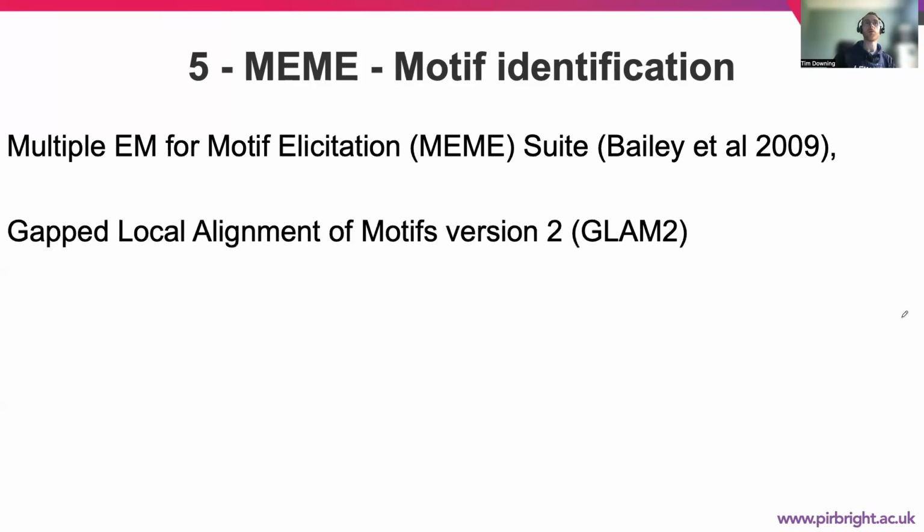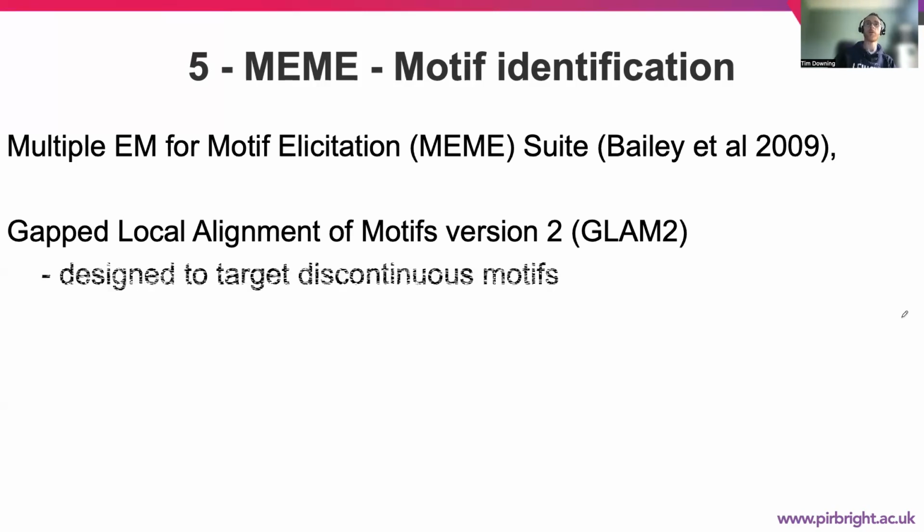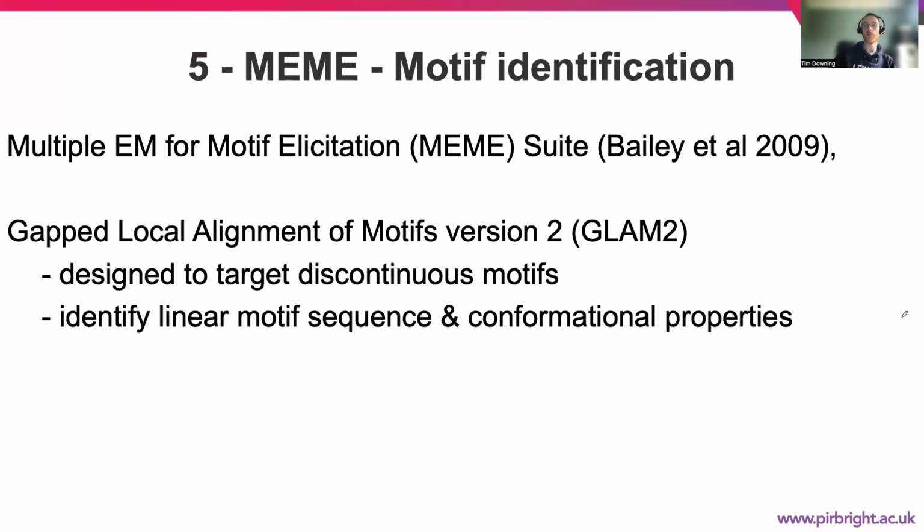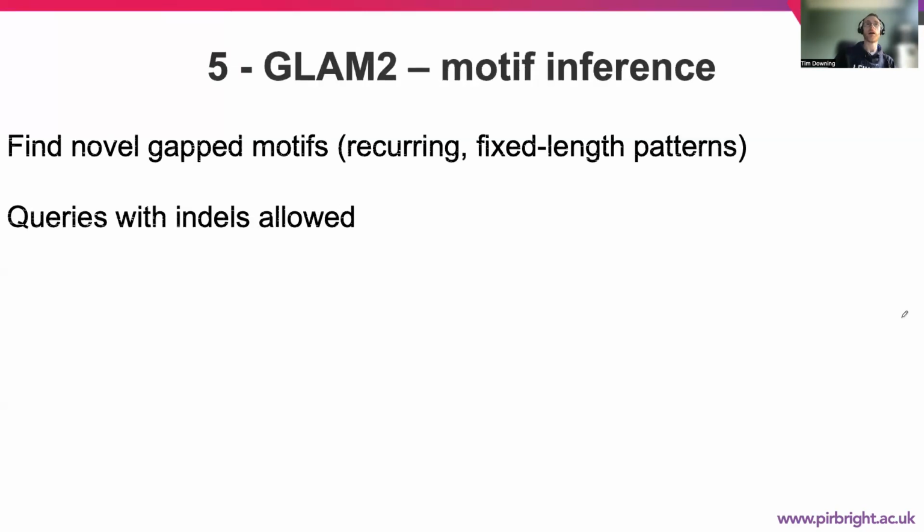A related tool that we use is called GLAM2, Gapped Local Alignment of Motifs version 2. This is more effective for discontinuous motifs and therefore is better for antibodies. It can identify linear motif sequences and conformational properties. GLAM2 is nicer because it allows looking at gapped motifs, where the data we have may vary.